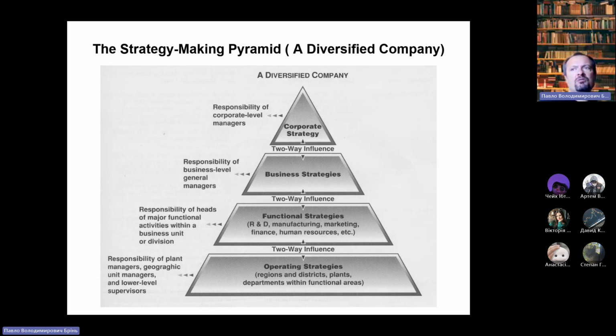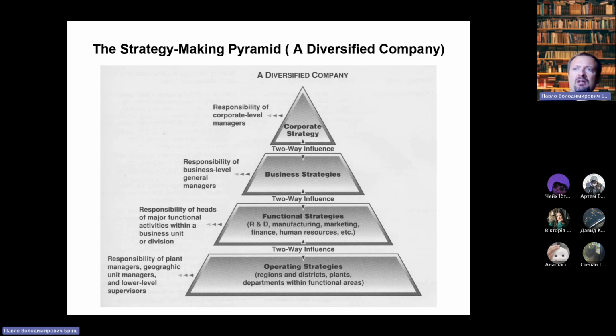The classification of the strategy regarding the level of management in the company. The second classification will be presented at the end of my course. This is the classification of the strategy according to sustainable competitive advantage.